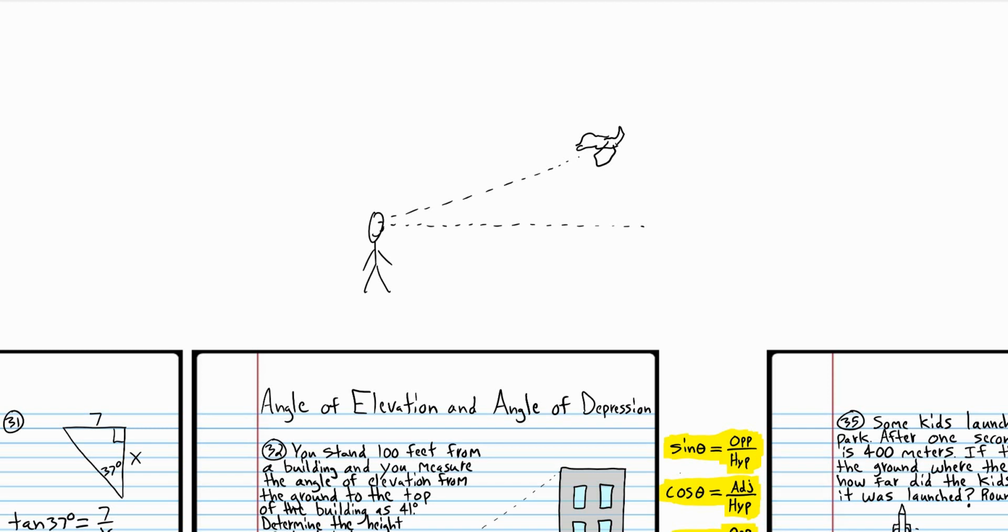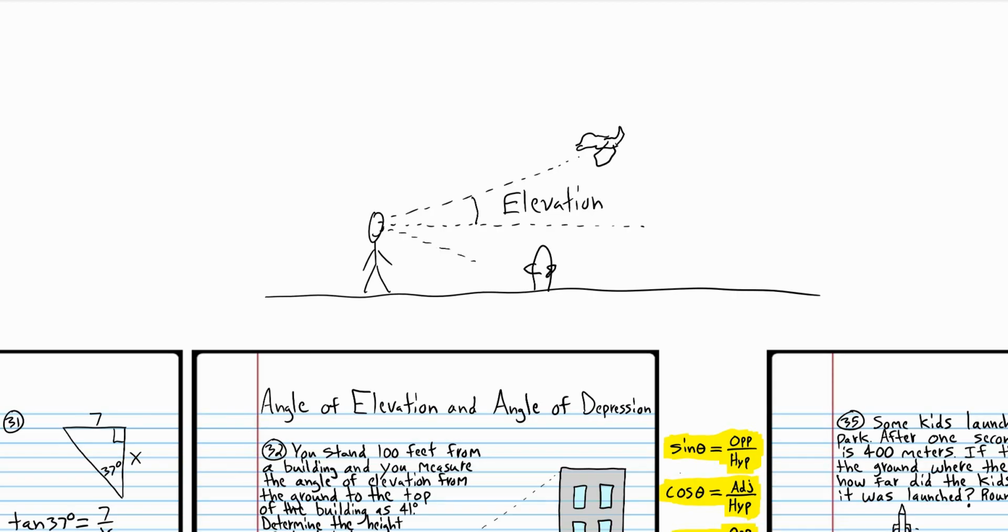Whatever that angle is that you rotated your head, that's called the angle of elevation. Now it's important to understand that you always start at the horizontal and rotate up to what you're looking at. Now let's say that there's something on the ground. Let's say you're about to hit a fire hydrant or something, and you look down at the fire hydrant.